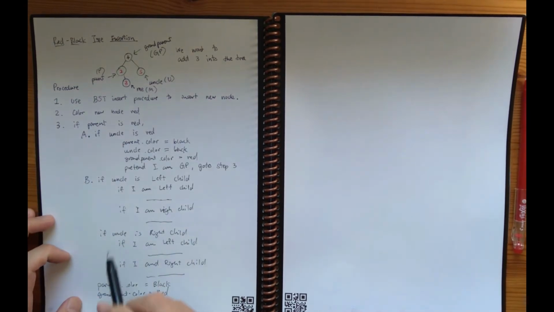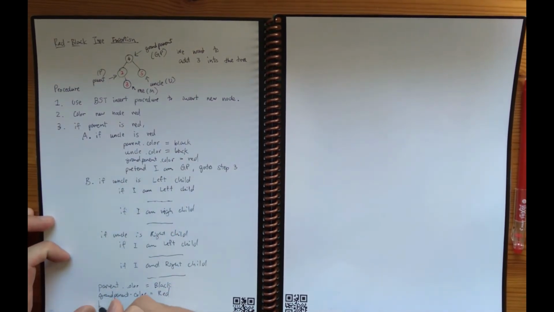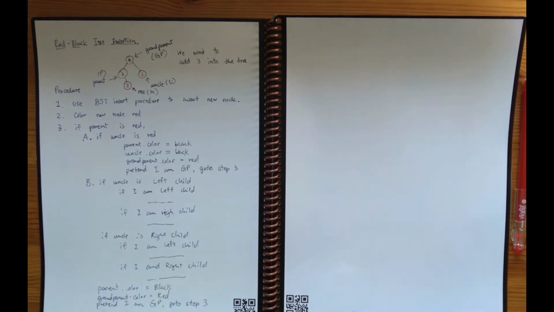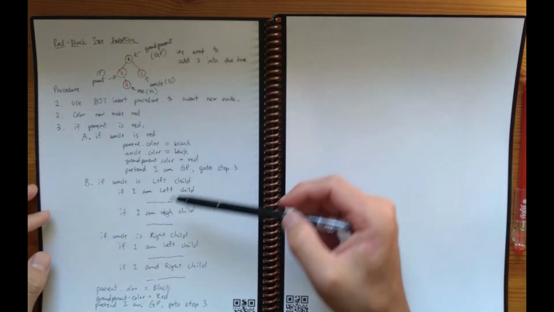Okay, and then finally we do the same thing here. We pretend that I am my grandparent, and then we go back to step 3. Of course, if my grandparent does not exist, as in we've topped out the tree, then there's nothing to be done.